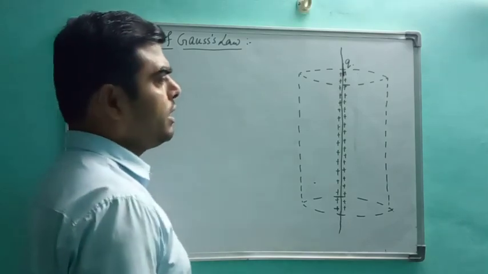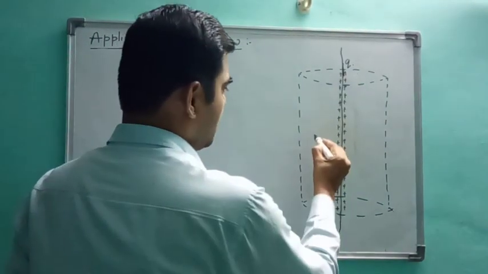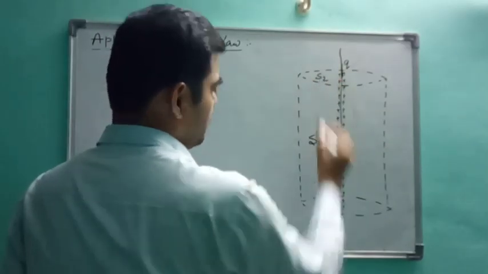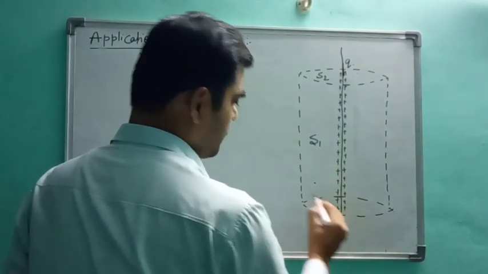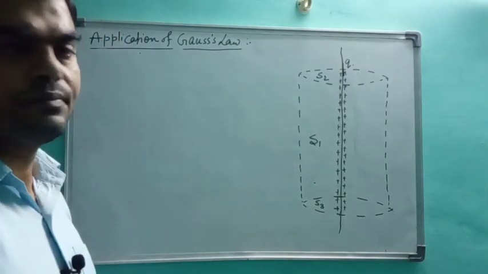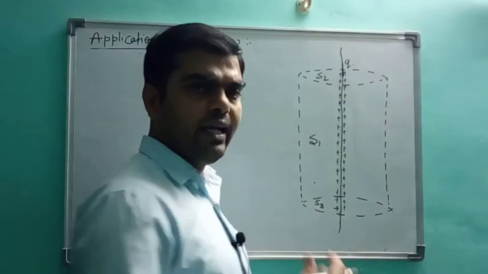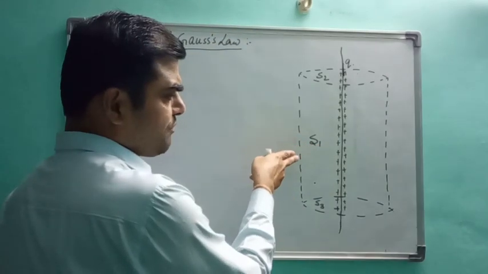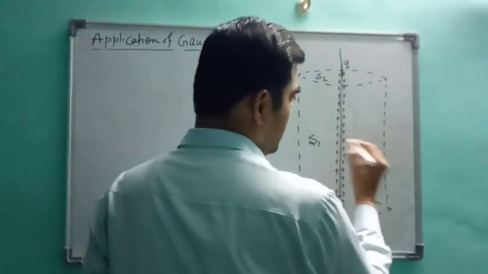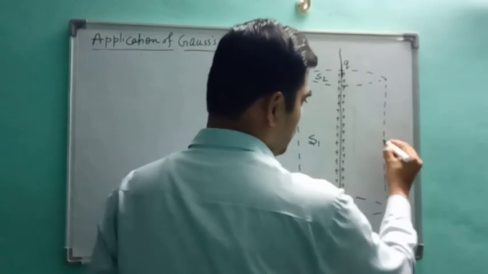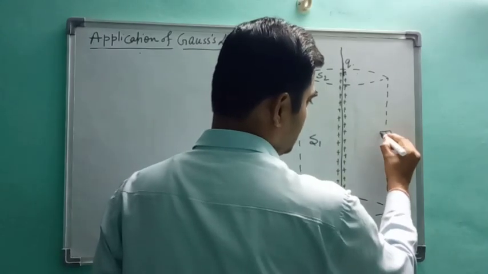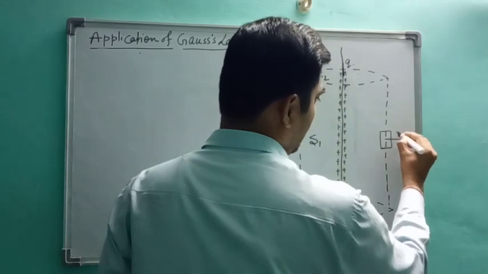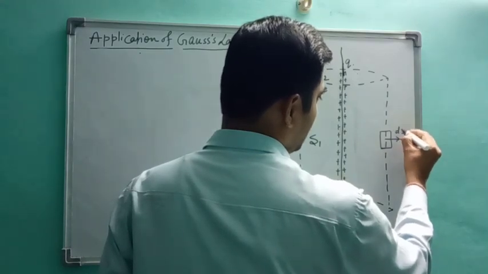Okay, there are three surfaces S1, S2 and S3. Now for the S1 surface, the electric field and area vector both are in the same direction, E and ds in the same direction.